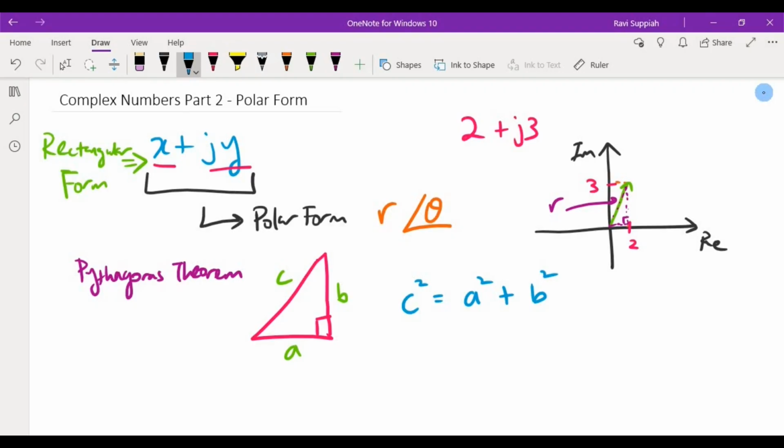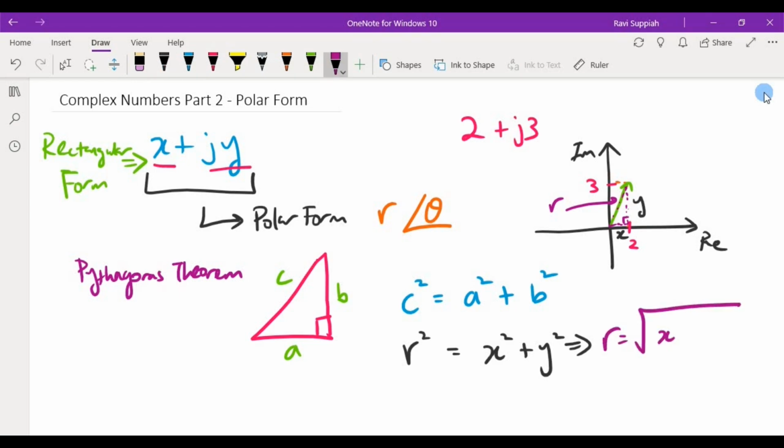So that means r squared is equal to x squared plus y squared, because this is your x and this here is your y, and that implies that r is equal to the square root of x squared plus y squared. So that is the way you find r.